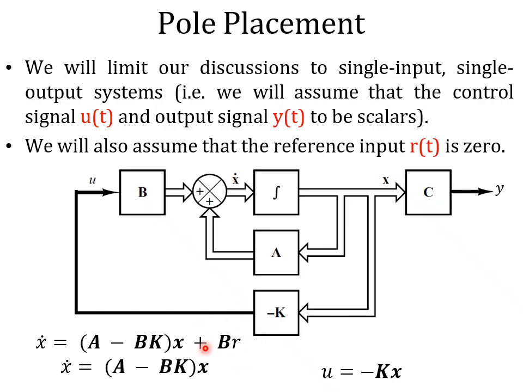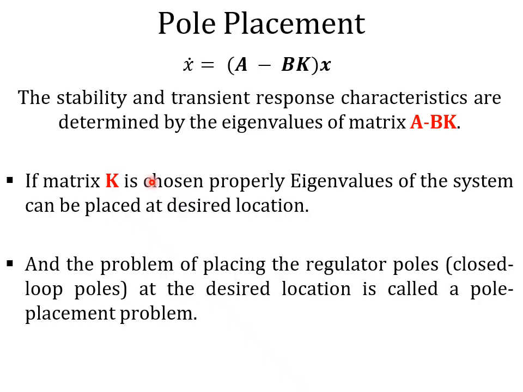For r equals 0, then x dot equals (A minus BK) times x, and u equals negative Kx. From the block diagram of the system, u equals negative Kx, as the reference signal r is assumed to be 0. The stability and transient response characteristics are determined using the new A matrix, which is A minus BK.